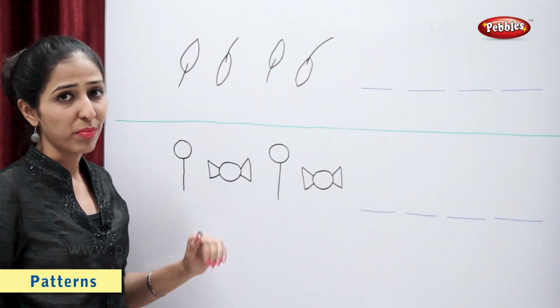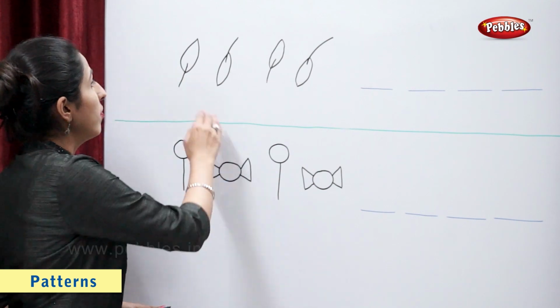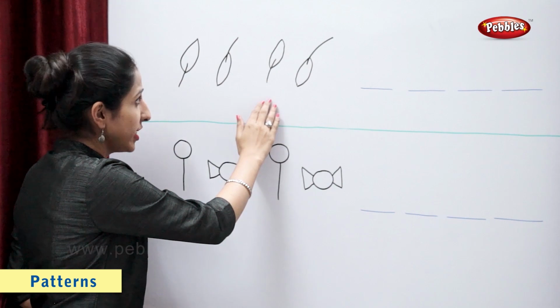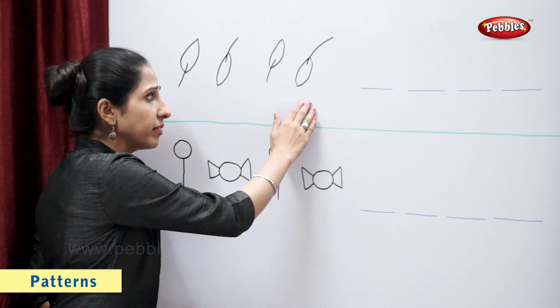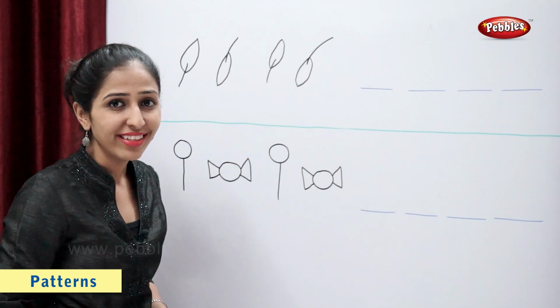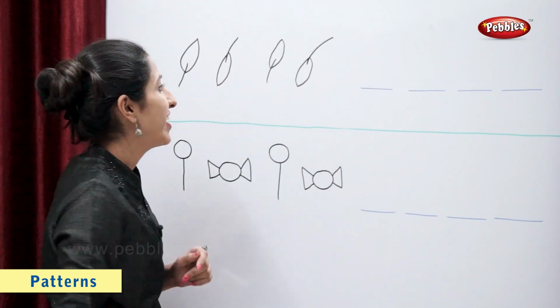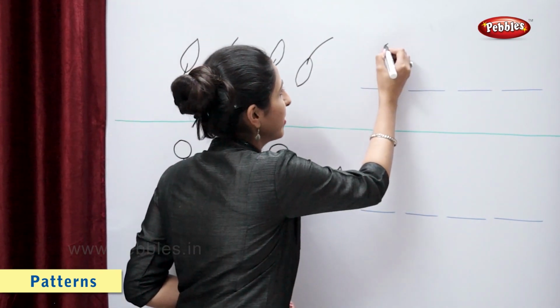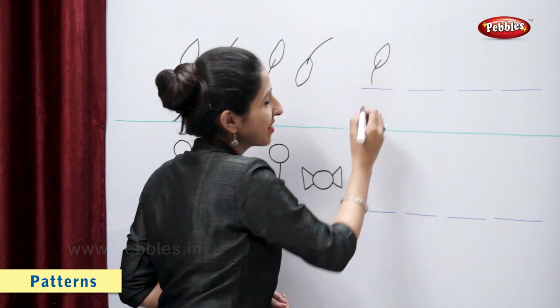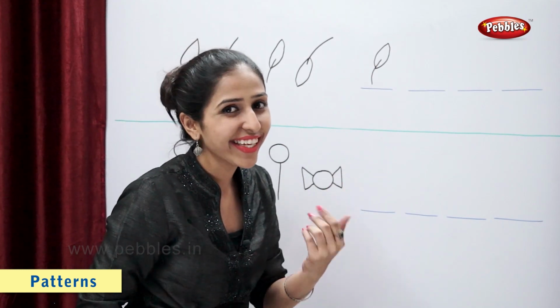Let's solve this example. Here, we have a leaf, inverted leaf. A leaf, inverted leaf. So, tell me, what is the next shape? Correct. A leaf. What is next?